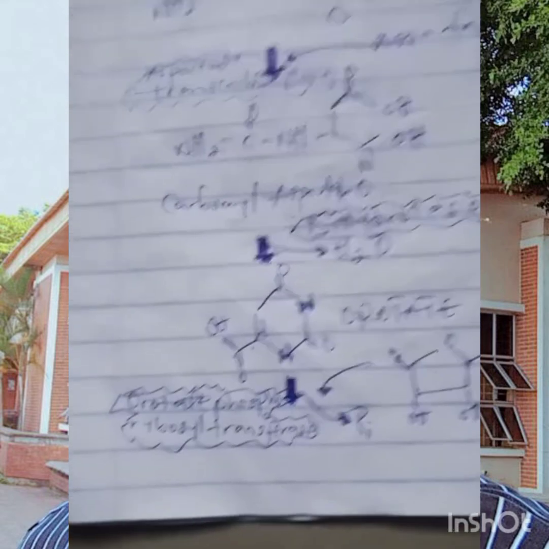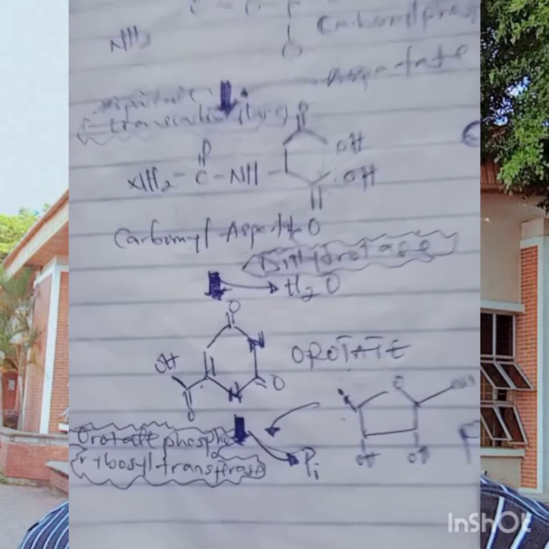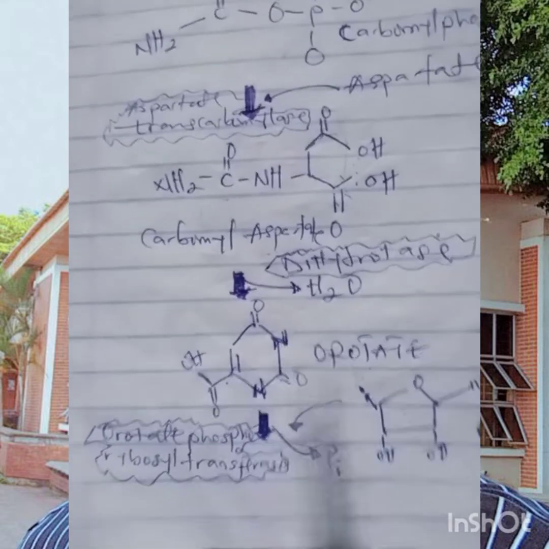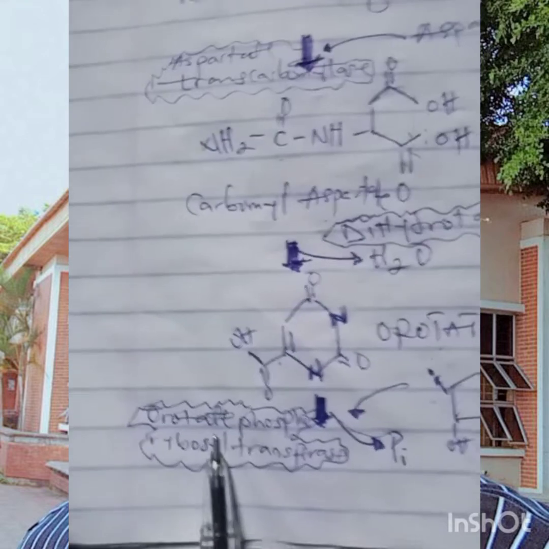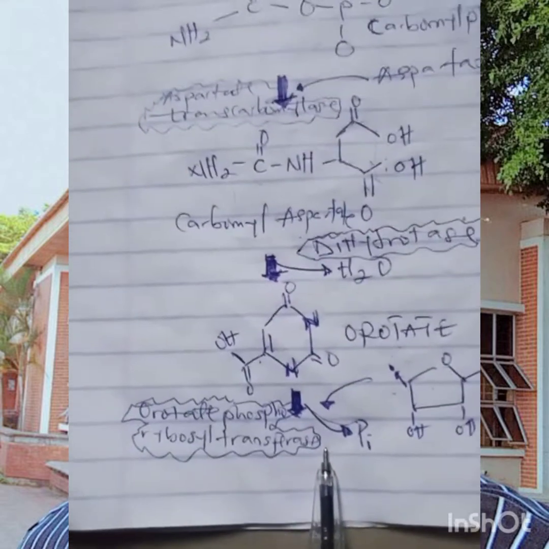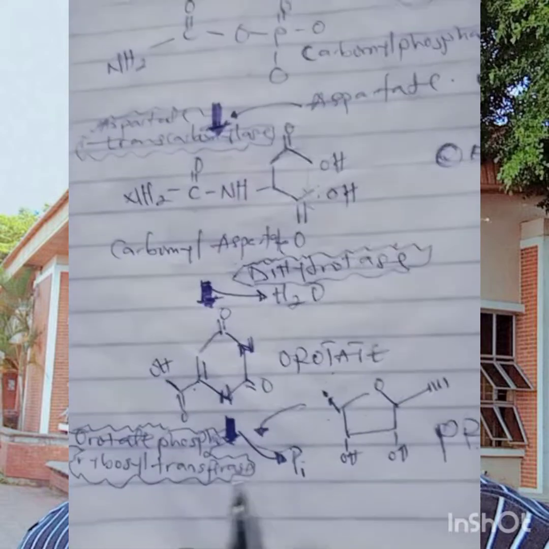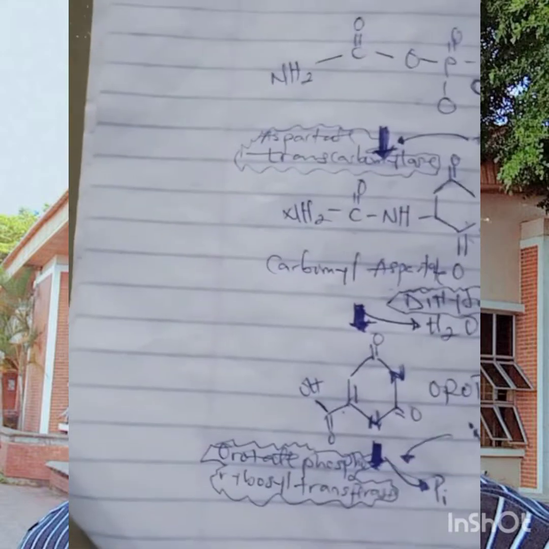That is, we are transferring into this reaction our phosphoribosyl into what? Our orotate. That is what this enzyme implies. And guess what will be our end product when we add our PRPP into orotate?